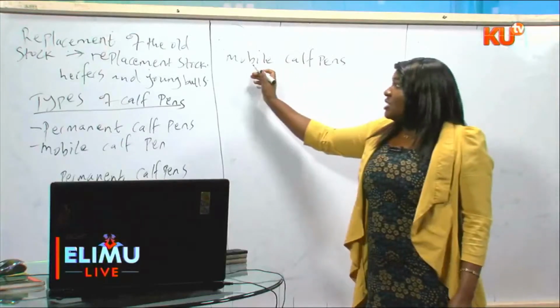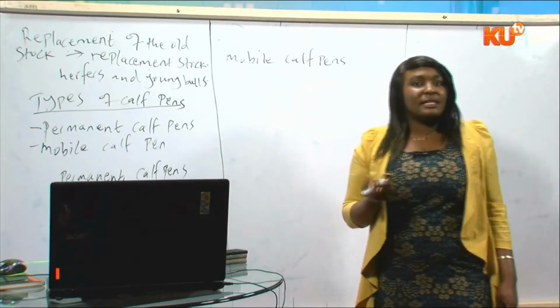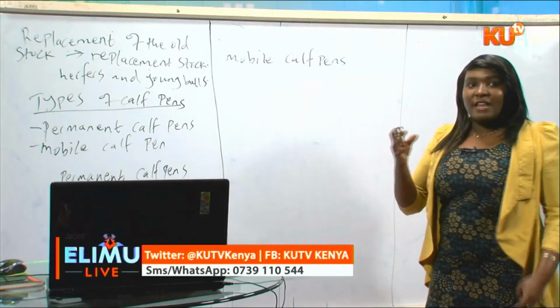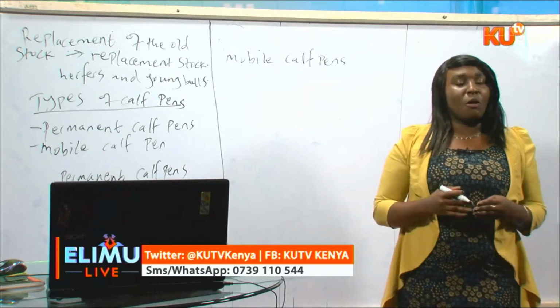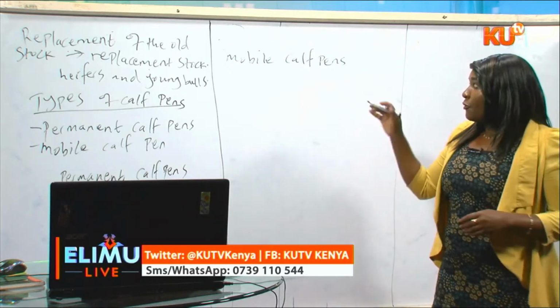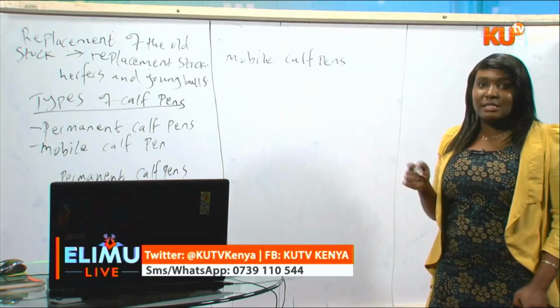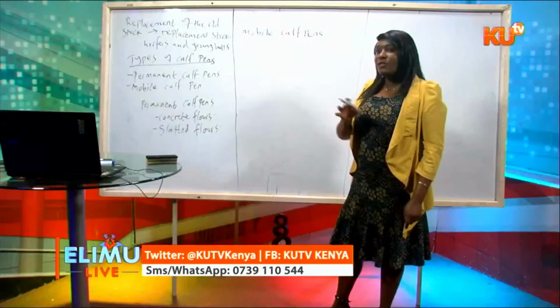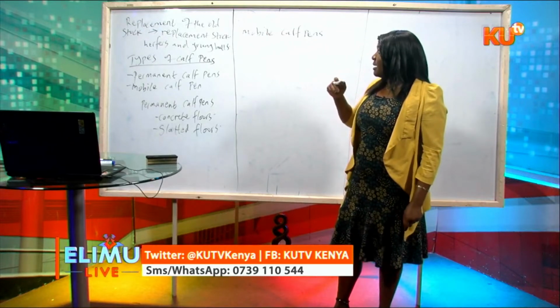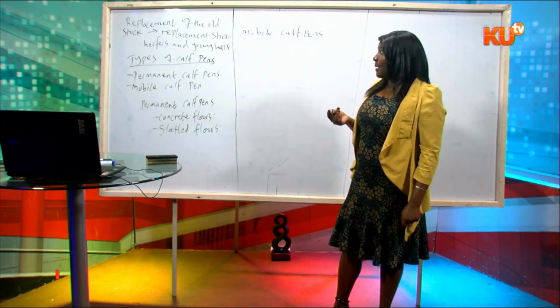So these calf pens have an advantage: there is no buildup of parasites and diseases, because you move them almost every other day. Parasites like the ticks, you leave the pests where they had spent the previous day.